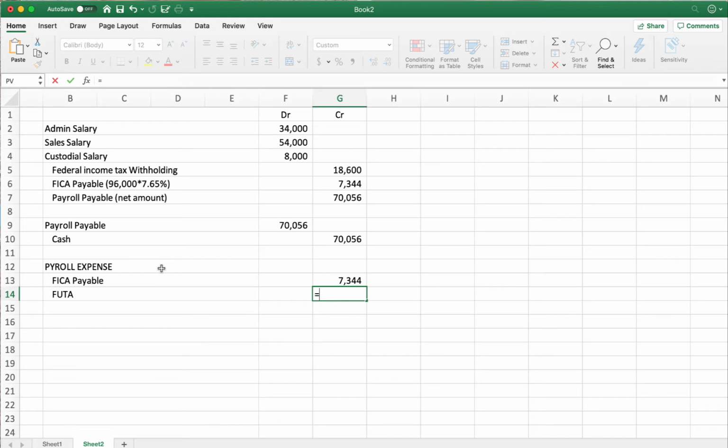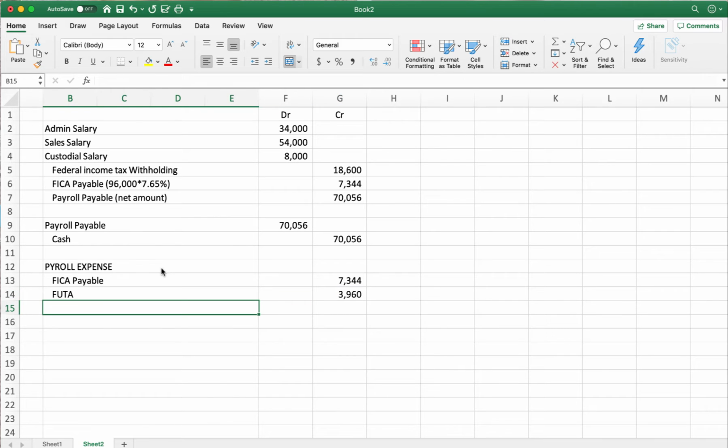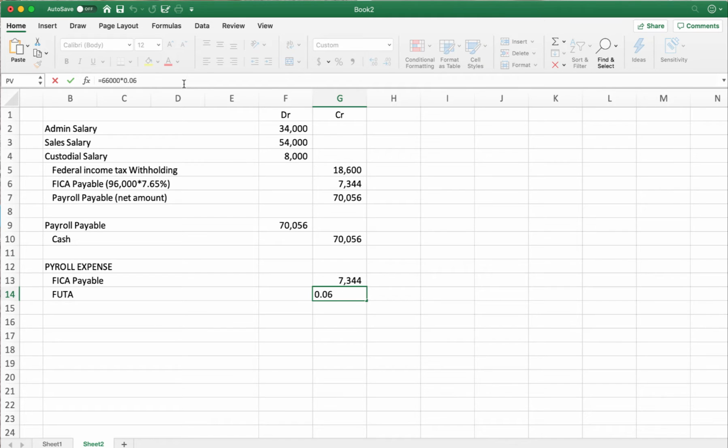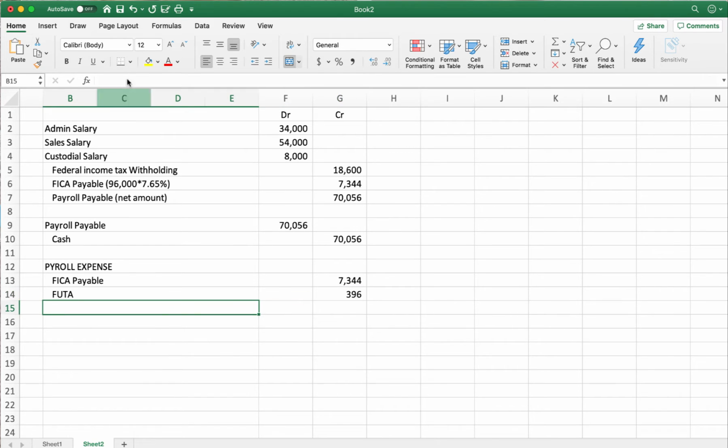So I'm going to say equals $66,000 times 0.06, okay? Actually, I need one more zero in there. There we go. So it's 0.6% or 0.006, okay? So this is what the employer has to pay based on federal unemployment, okay?